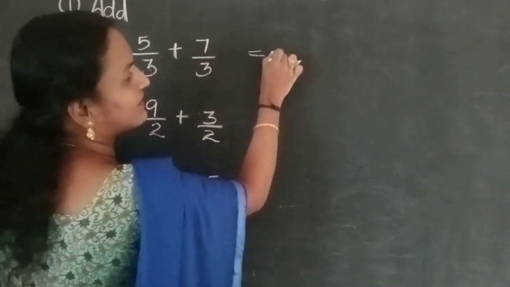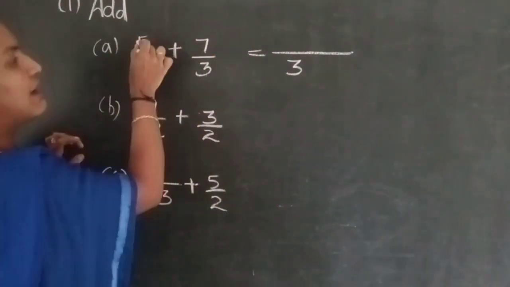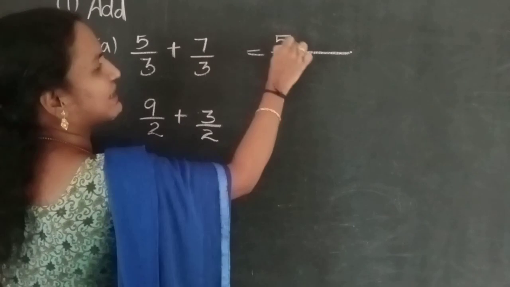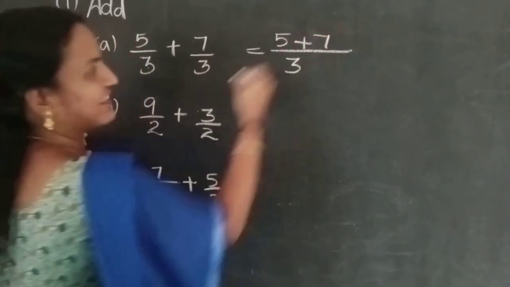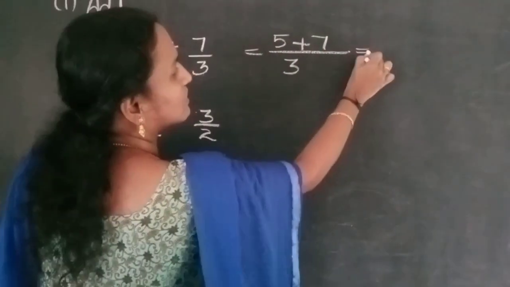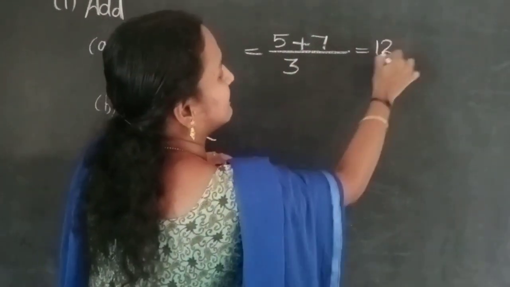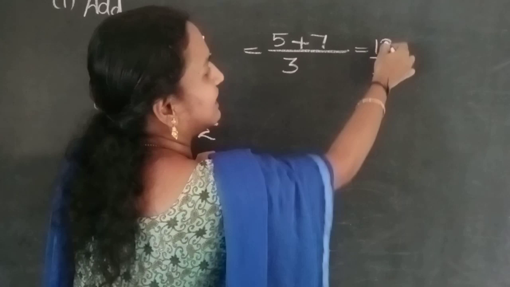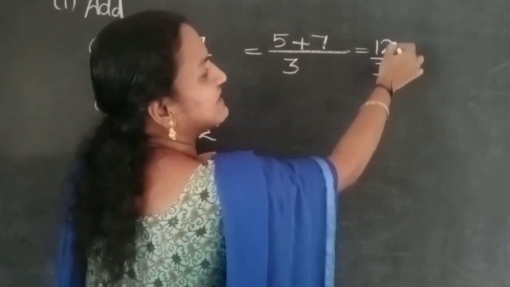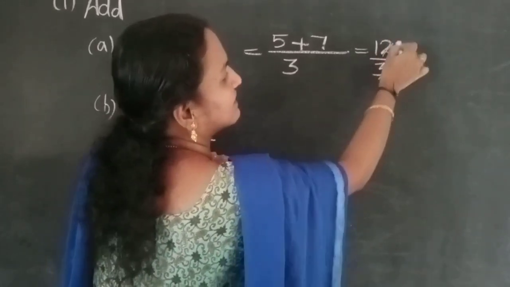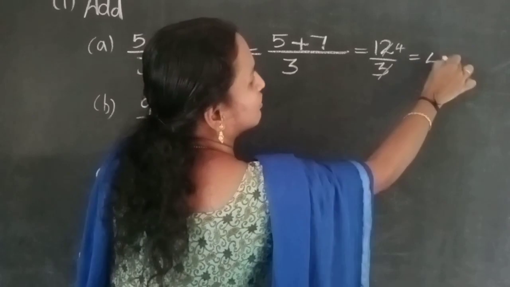So write 5 and 7 in the numerator. 5 plus 7 is 12. 12 divided by 3. How many 3s are in 12? 4 3s are 12. So the answer is 4.